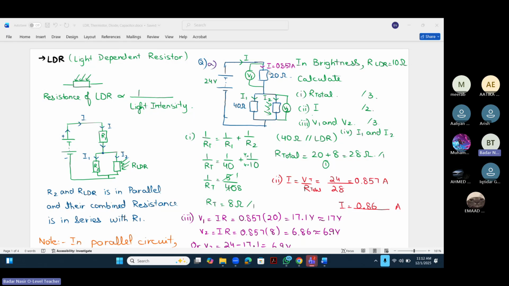Then you add that the resistance of 20 ohms which is in series with that. So you get the total resistance of the whole circuit. अगर आपने total current circuit का find करना है, for that you need the total resistance and you need the total voltage of the entire circuit as well.